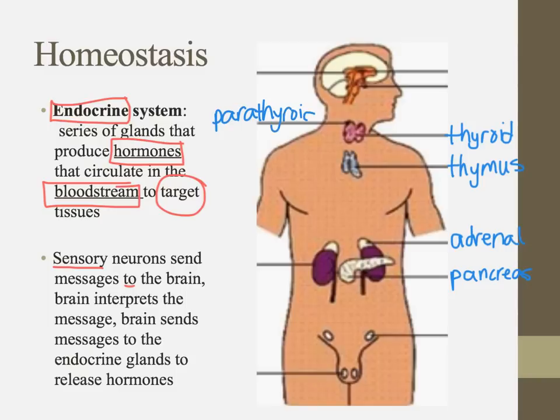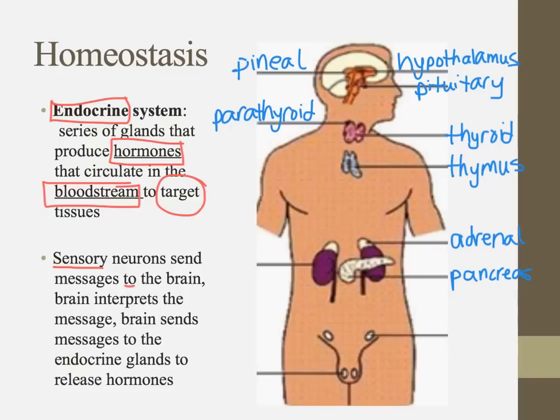And then let's get to your brain. In your brain, you're going to have a very small gland here in the back called the pineal gland. A little bit closer to the midsection here is the hypothalamus. We know that guy. And then the pituitary gland. We're going to talk a lot more about the pituitary later on in this chapter.